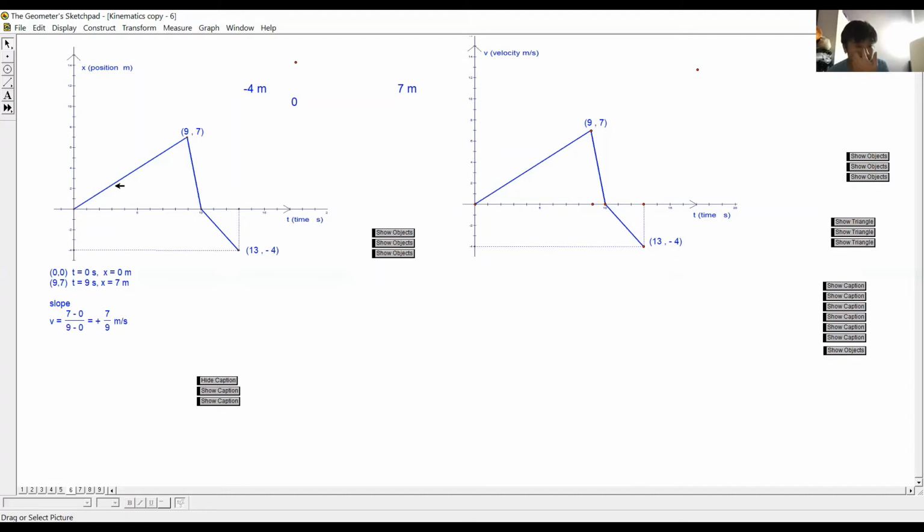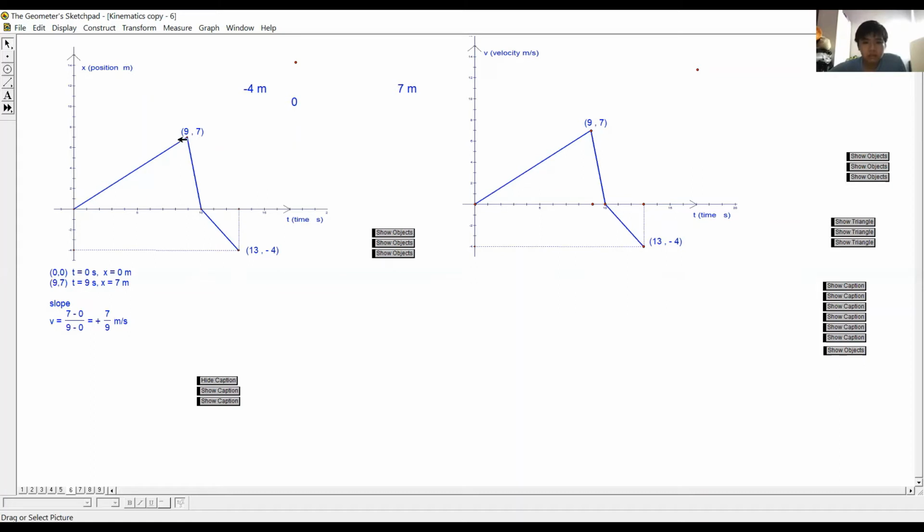The first part of the journey, then the second part going down, and the third part falls below the x-axis, the time axis.